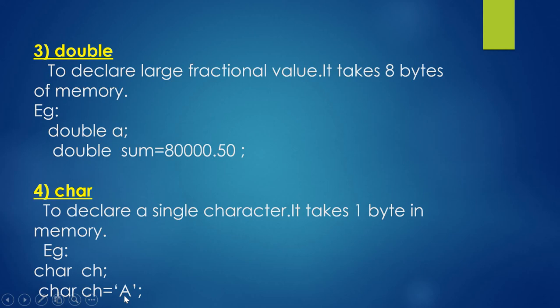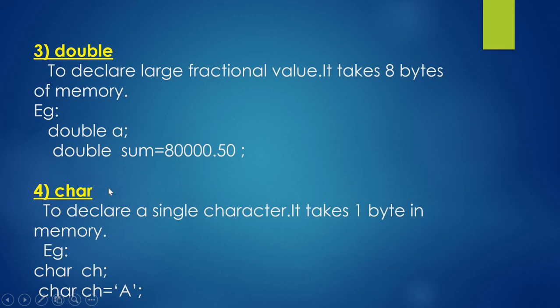If you want to store large fractional values, normally we use the data type double. Double A means A is a large fractional value. Double sum is equal to 8000.50.